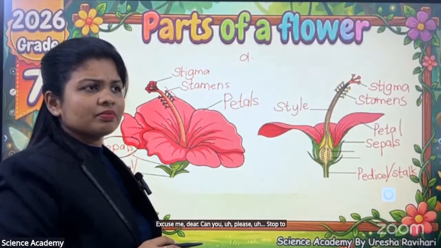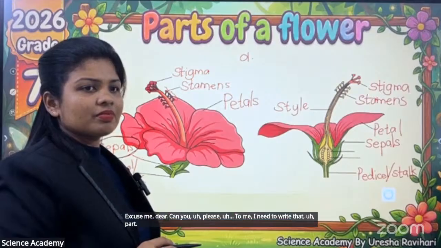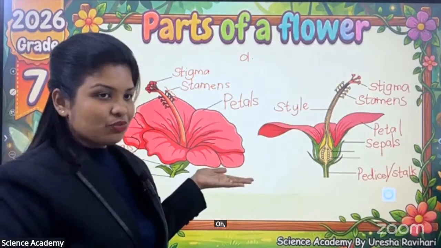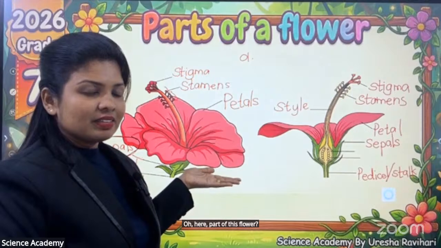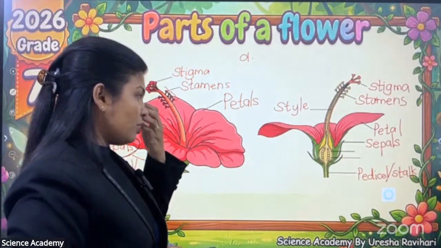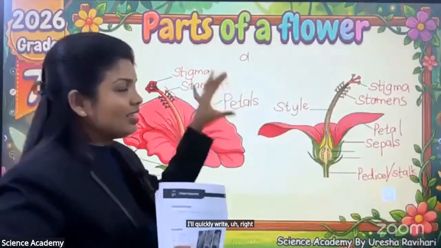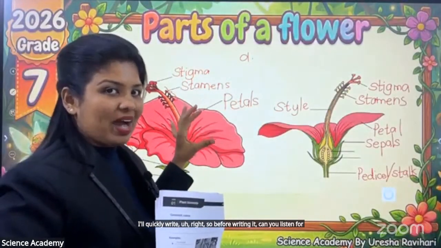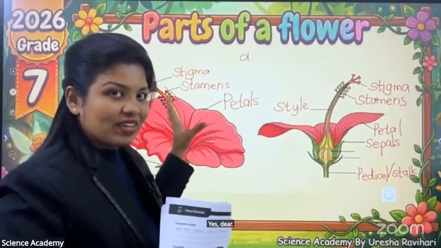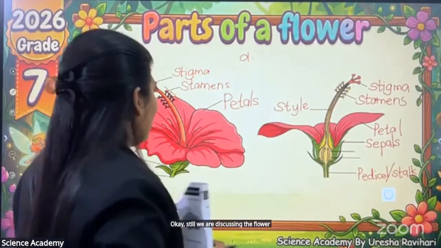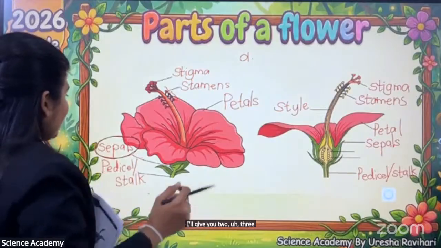I need to write that part. Yes, teacher. Okay, so quickly write. Before writing it, can you listen for a while to this part? We are discussing the flower. I'll give you 3 minutes to write.